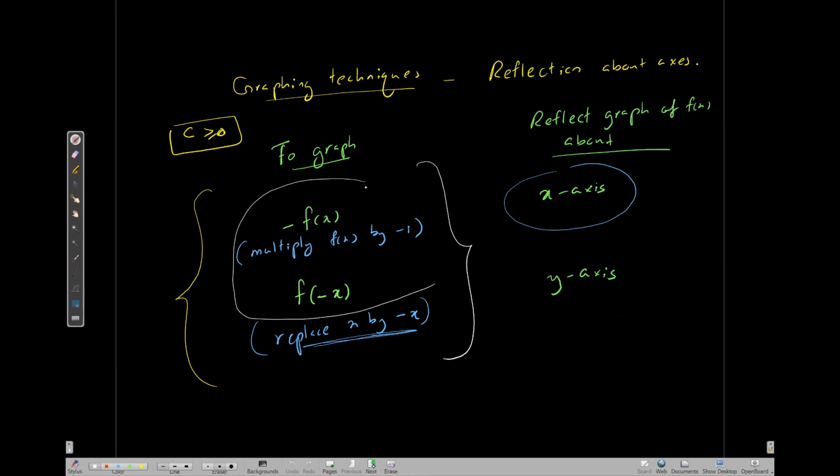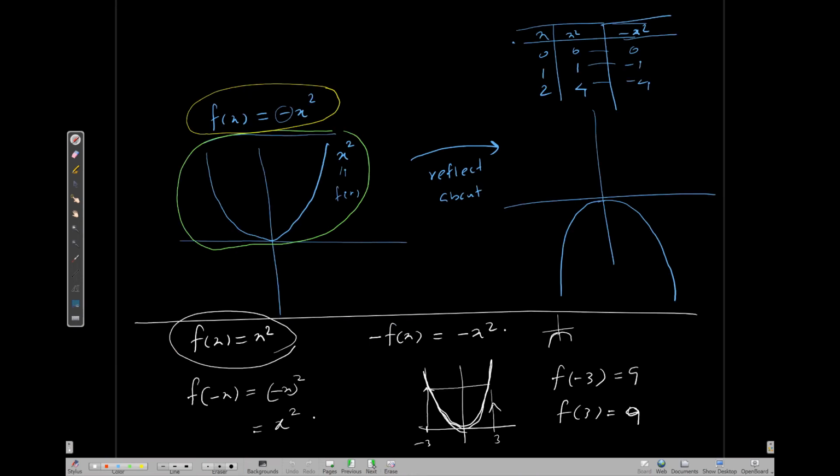Let me give you some exercises as well. How about f of x equals negative x cubed? The base function looks like this. What do you think will happen? How do you address that? Think about that. And how about f of x equals -1/x?